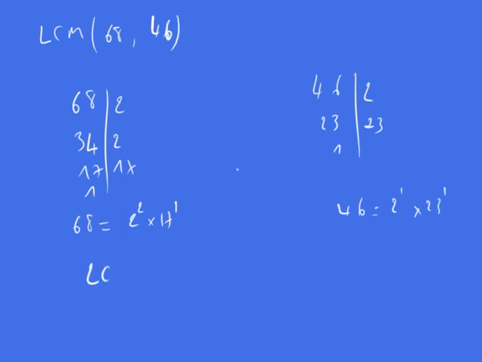So the LCM of 68 and 46 equals: 2 is a common factor, but the highest power is 2, times 17 which is not common, and also 23 is not common.